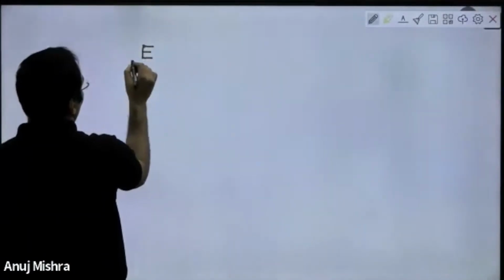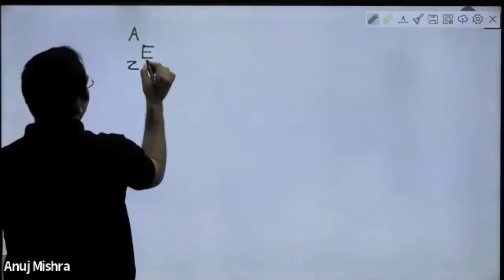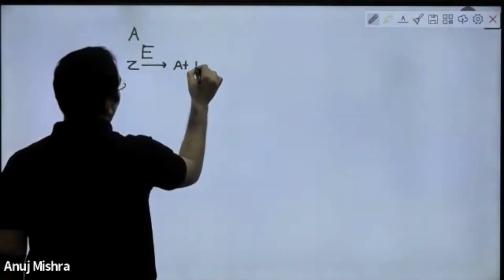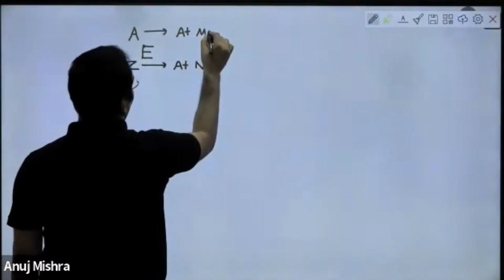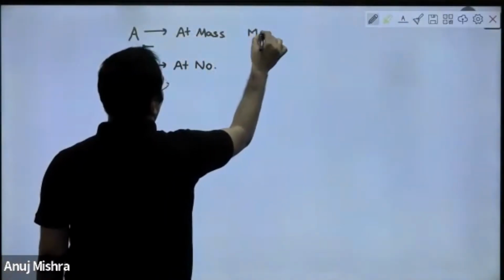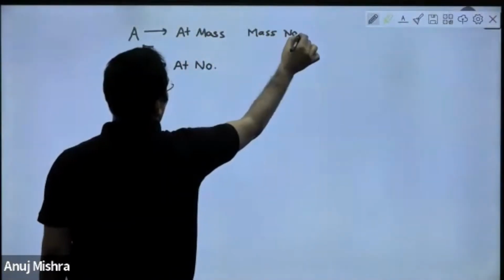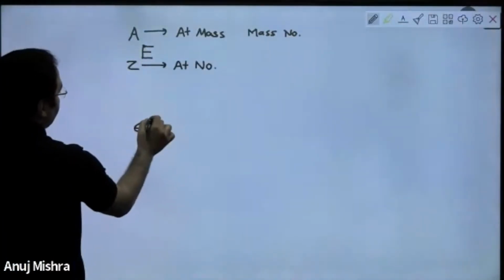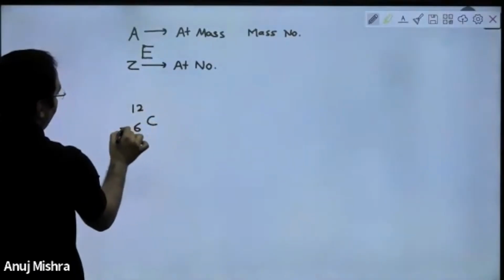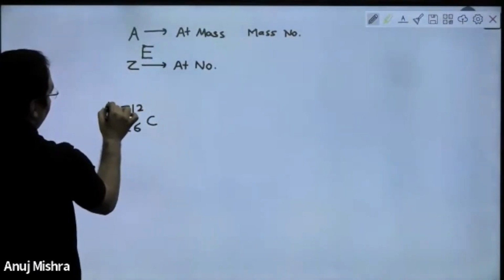Just to give you an idea, whenever you write any element, there are 2 numbers, Z and A. Z is the atomic number and A is the atomic mass, you can say, or mass number. Now symbols are fixed, we can't change them. So let's say we write 6C12. The 6 is the value of Z and this 12 is the value of A.